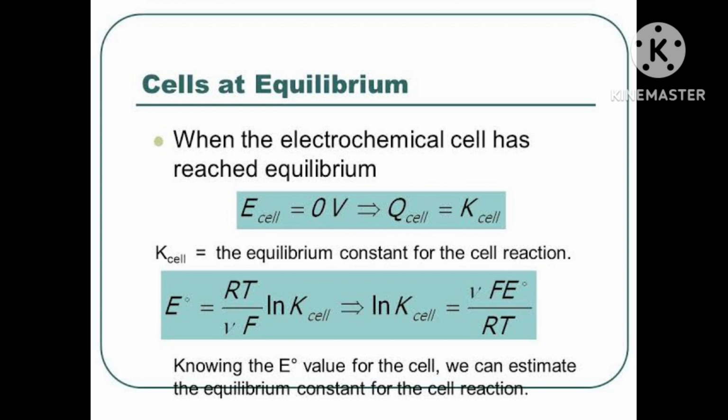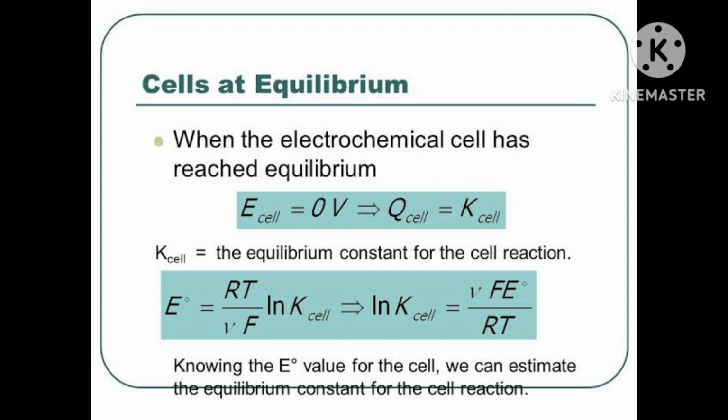Hence in the place of n in the equation, you write 2. E cell is given as 0.46. Now easily you can calculate log Kc: 2 into 0.46 divided by 0.059.